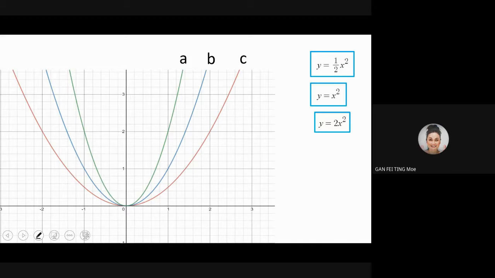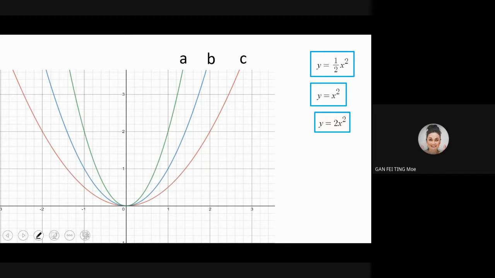I'm checking on your answer. Okay, just give me the answer. Which is your A? A is what? B is what? And your C is what? Can you please guess?